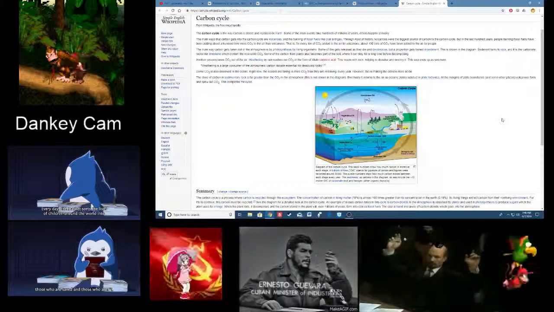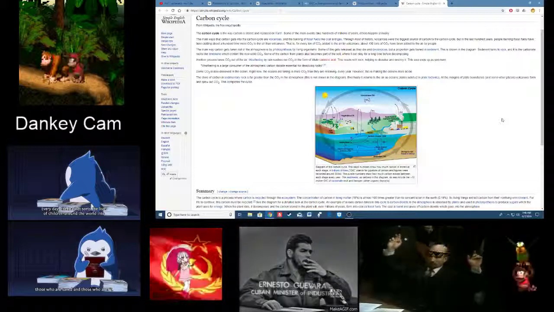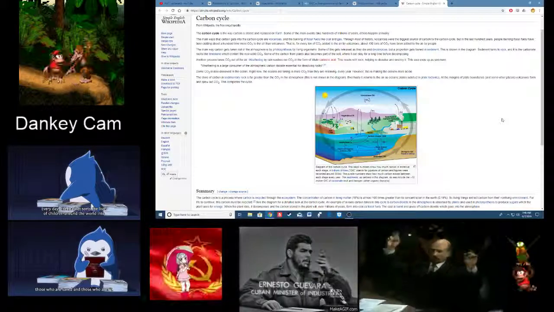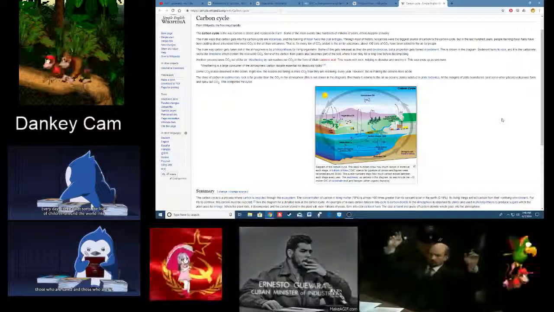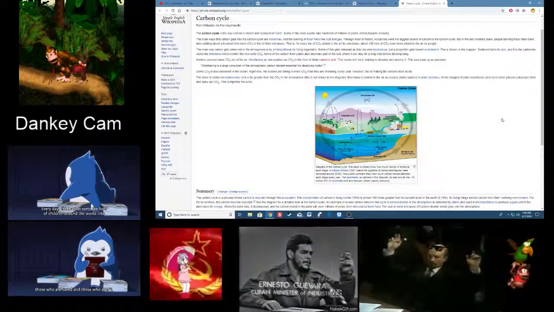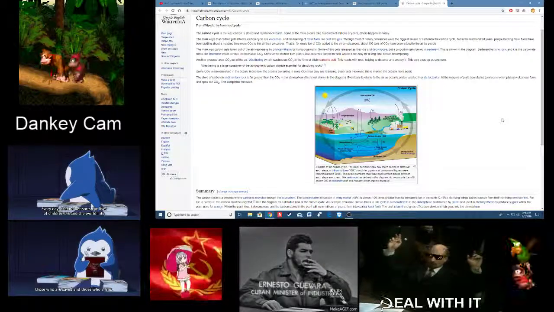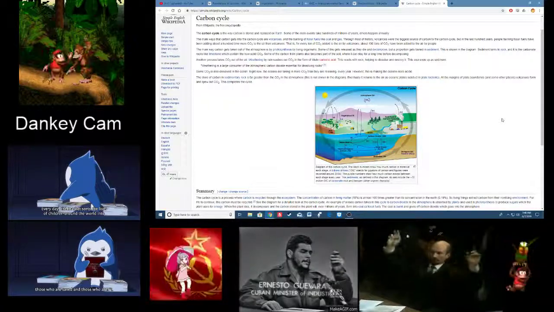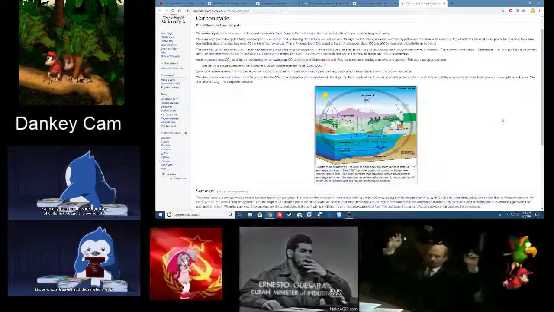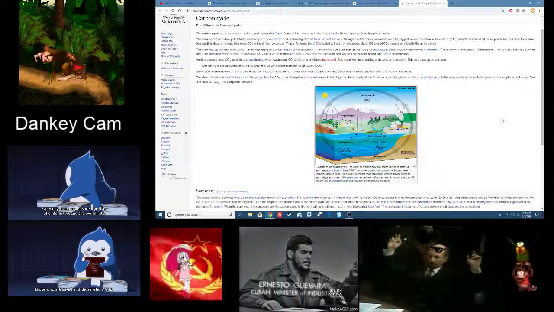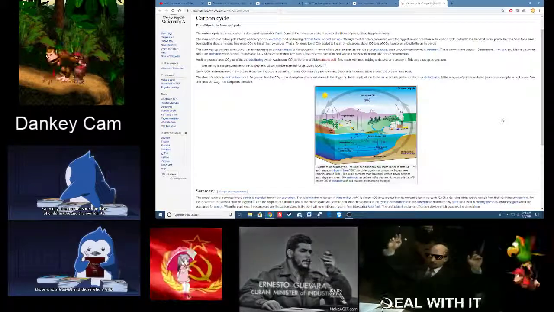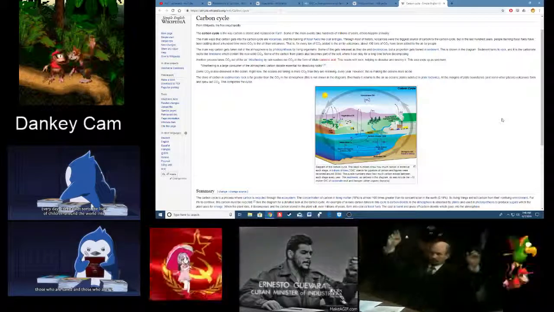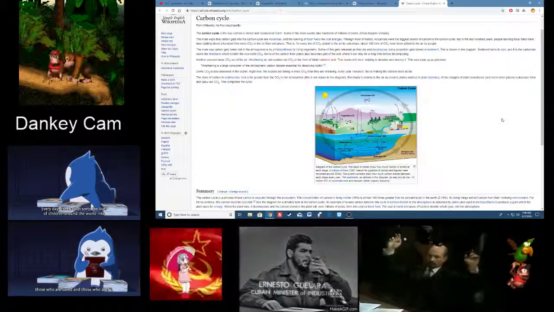Carbon dioxide's also put into the atmosphere when trees burn or factories burn fossil fuels or volcanoes erupt, and gradually the CO2 gets recycled back down into the soil, sometimes in the form of coal, and into the water sometimes, where marine creatures will convert this into the calcium used to form their own shells.